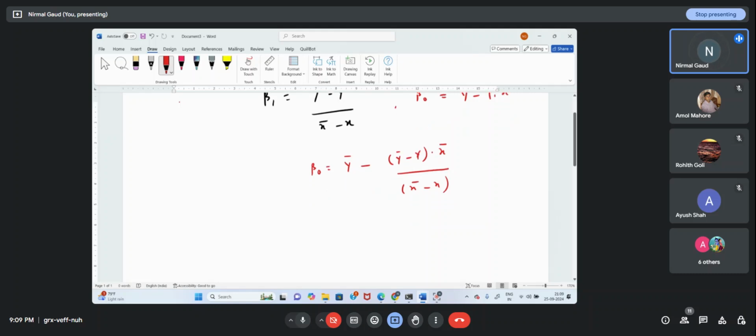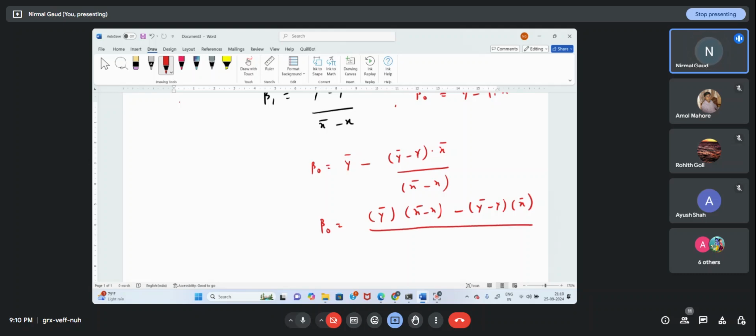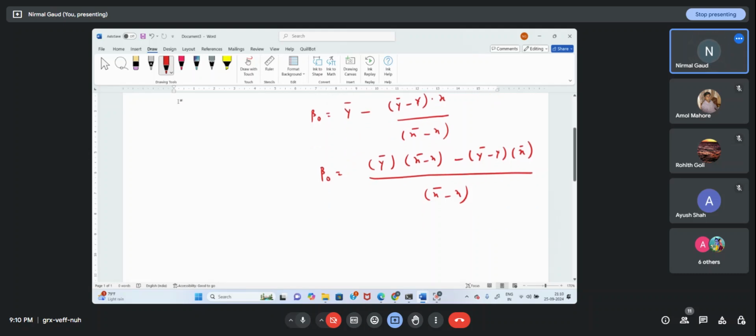And if I take the LCM, beta naught is equal to, let it multiply y bar, okay, this is your y bar, multiply it by x bar minus x, and here also you are having minus of y bar minus y into x bar divided by x bar minus x. If I multiply these terms, what I'm getting, beta naught is equal to y bar into x bar.